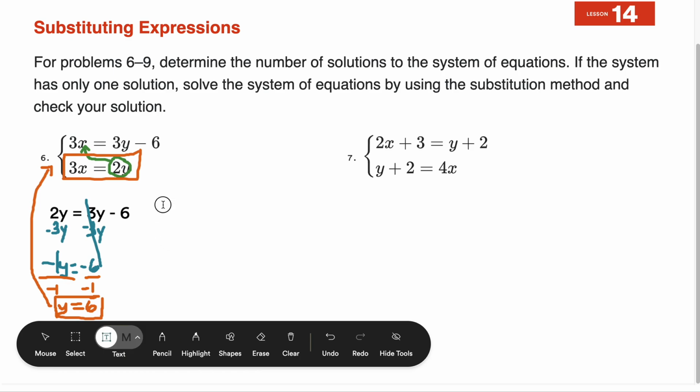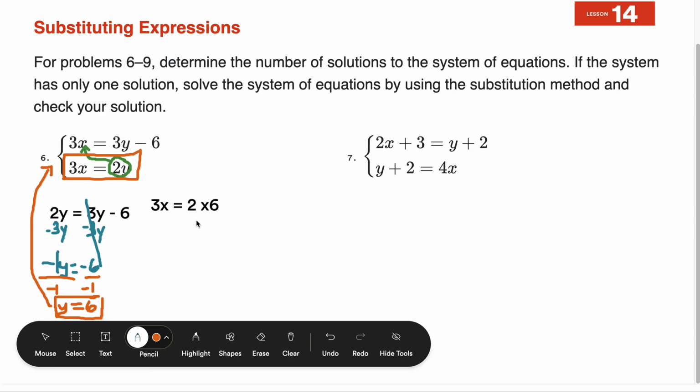I'm going to type it out. I want it here, I guess. All right, 3x equals 2, instead of writing y equals 6, so 2 times 6. And now let's solve this.